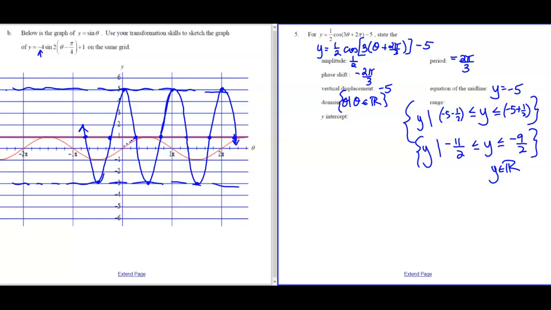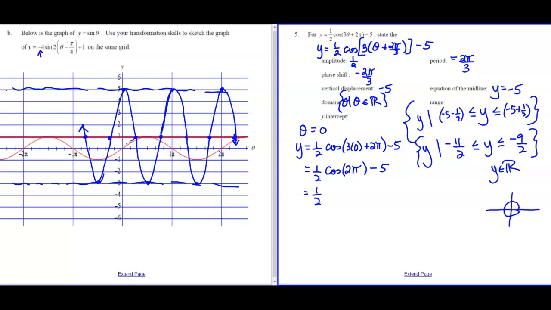And the y-intercept is when theta is 0. You can put it back into the beginning if you want. Sometimes that's easier. So the 2 pi is here on the unit circle.